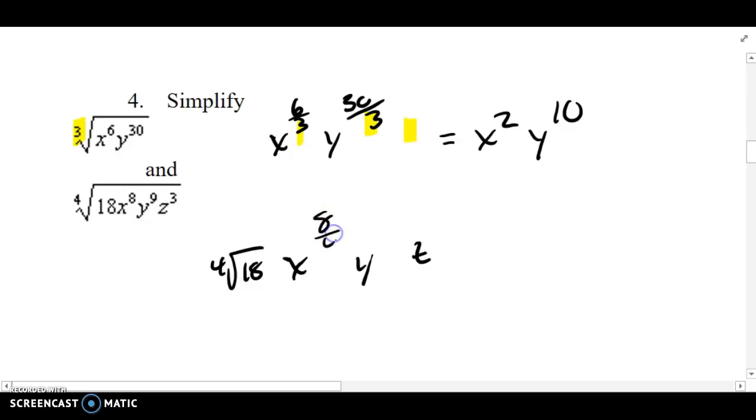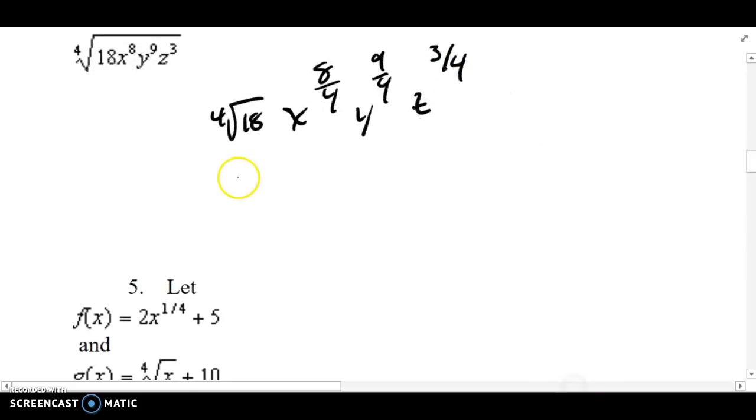So you have 8 over 4 and then 9 over 4 and then 3 over 4. So this is 4th root 18, you can't do anything with that. 8 divided by 4 is 2, so we have x squared. 9 over 4 is going to be y squared, y to the 1/4.